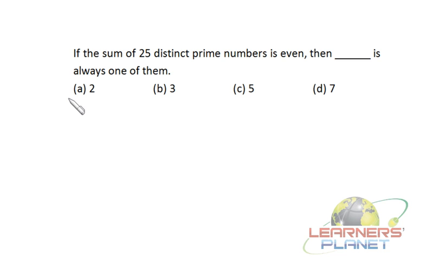So 2 has to be there. So one number is 2 and the remaining 24 numbers are odd numbers. When we add 24 odd numbers, we'll get an even quantity, and if any even quantity is added to 2, we'll still get an even quantity. So 2 is the correct choice.